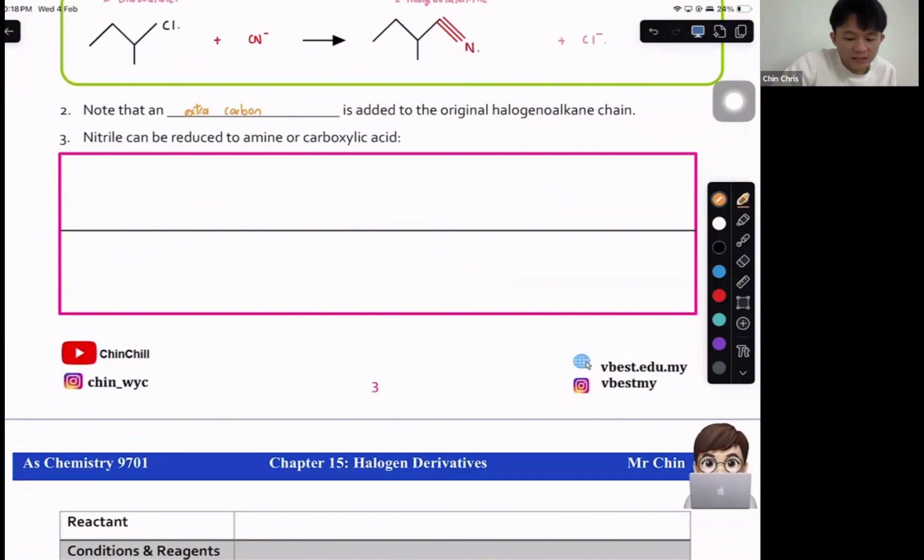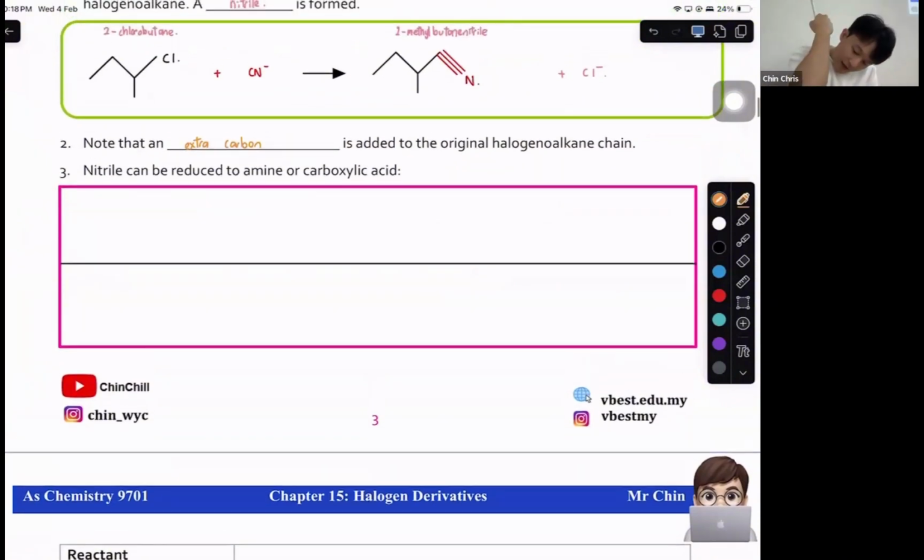And guys, for example, if I have a nitrile, a nitrile can be reduced to an amine or can be converted into a carboxylic acid. The reaction does look something like that.